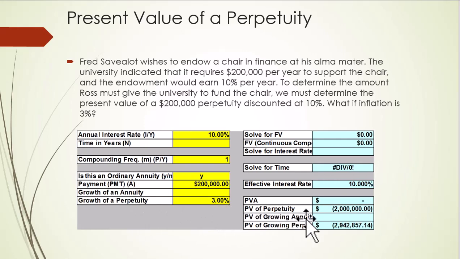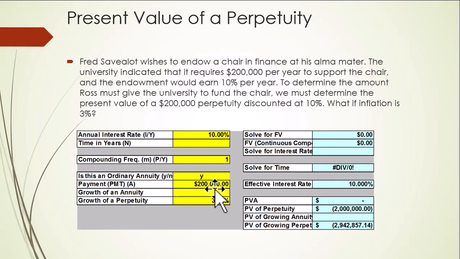So without covering inflation, we would need roughly $2 million. So $2 million, if you earn 10% each year, would give you $200,000 a year forever. Essentially, it assumes kind of an interest-only payment.